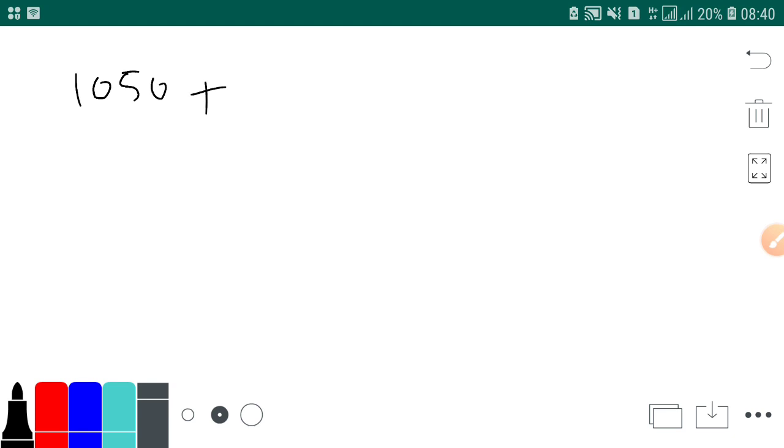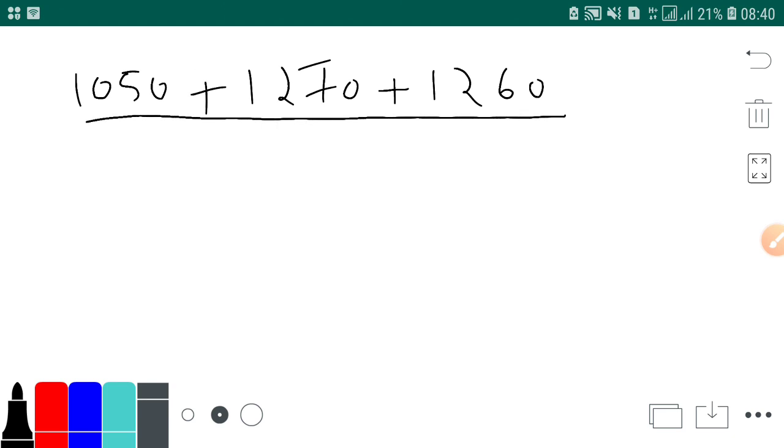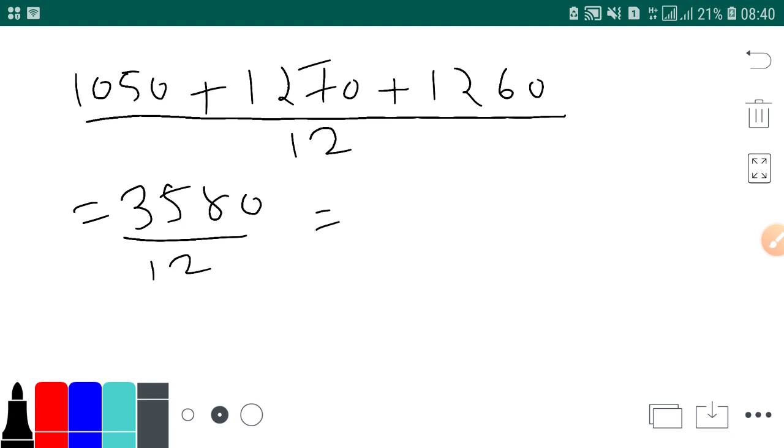Then it is 1270, multiplying 254 into 5. Then it is 1260, multiplying 315 into 4, upon 3 plus 5 is 8, 8 plus 4 is 12. If you add these, it is 3580 upon 12, which is 298.33.